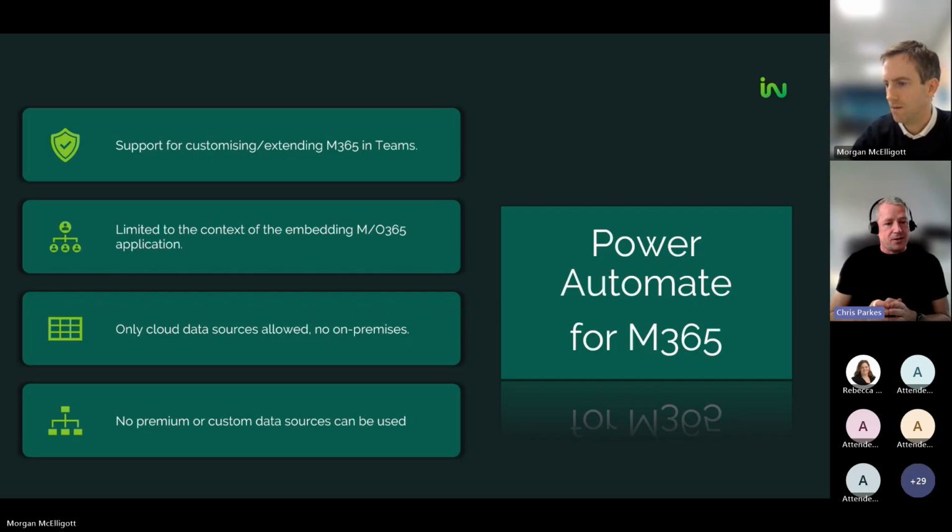And once you need a custom connector for a custom data source, or you need a premium connector, of which when Microsoft launched there were 500 connectors, there are now thousands. I had a quick look this morning. Premium connectors are pretty much everything around Azure SQL, Salesforce, any application that people provide, it's often labeled as a premium connector. So again, Power Automate for Microsoft 365 is often really restricted inside of Teams.